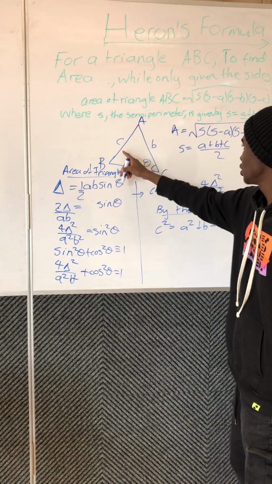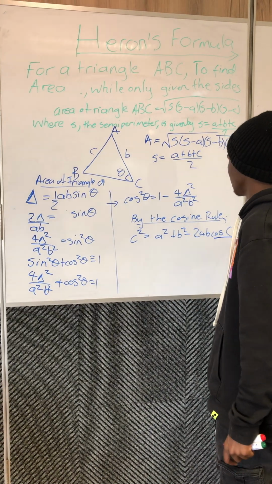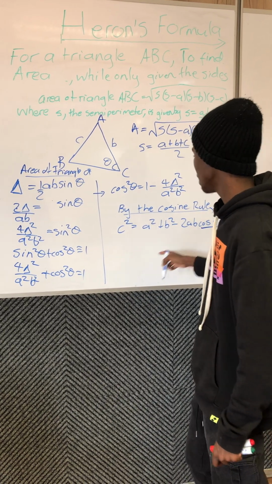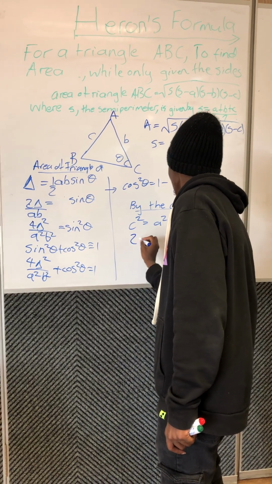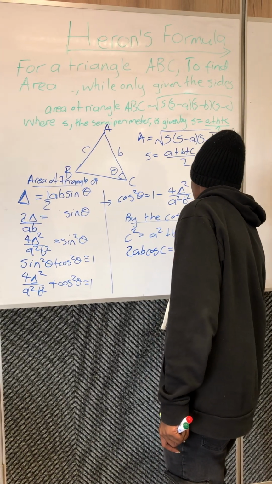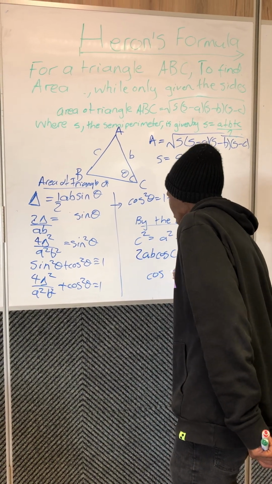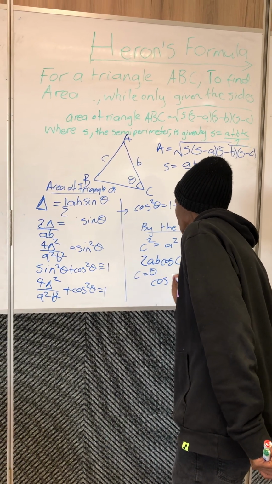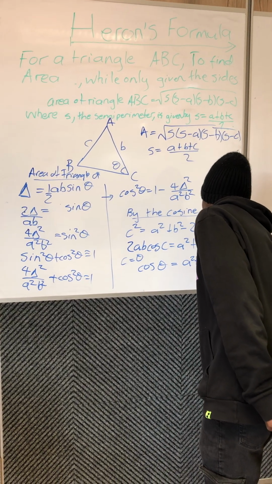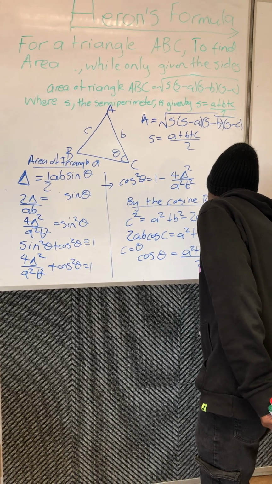Let us make cosine the subject of the formula. So we move it this side and that side, so that 2AB cosine C equals A squared plus B squared minus C squared, which means cosine C, whereby our C is theta, so cosine theta is equal to A squared plus B squared minus C squared divided by 2AB.